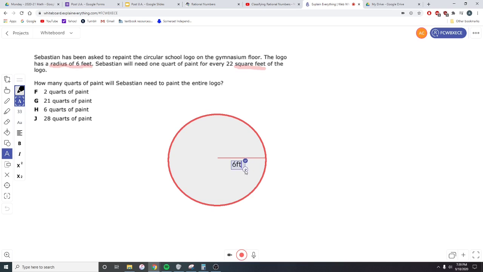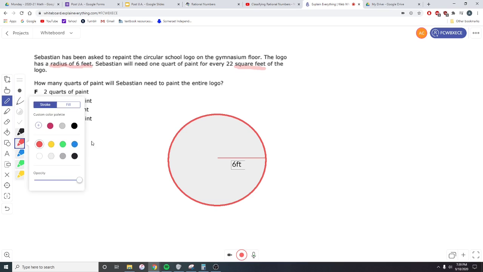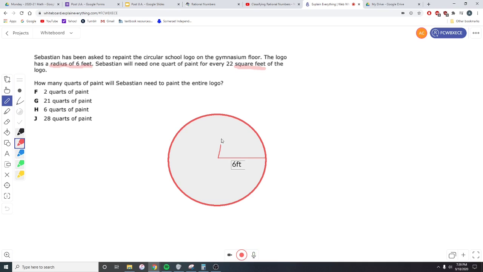Now, here's the thing. Whenever you create a circle and you want to find its area, you need to create this thing called a radius square. It's just a square that we create from the radius. So I'm going to create a radius square.